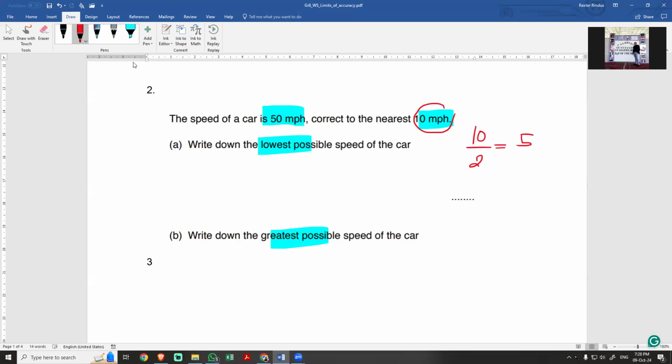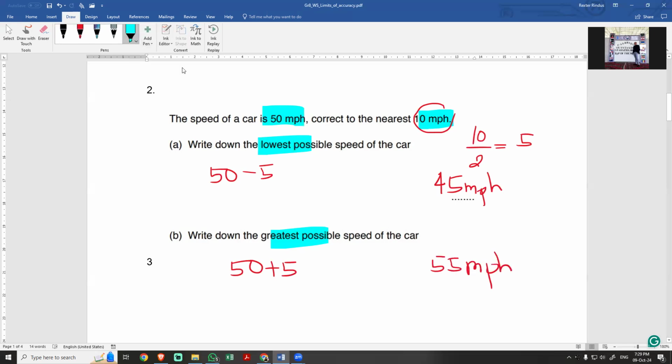That means lower bound is 50 minus 5 and upper bound is 50 plus 5. So your lower bound is 45 miles per hour, while your upper bound will be 55 miles per hour. This will be your answer for question number 2, A and B.